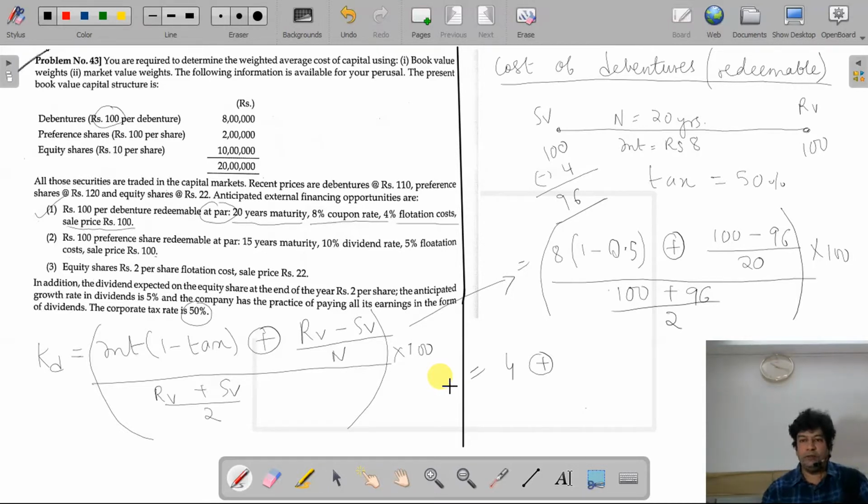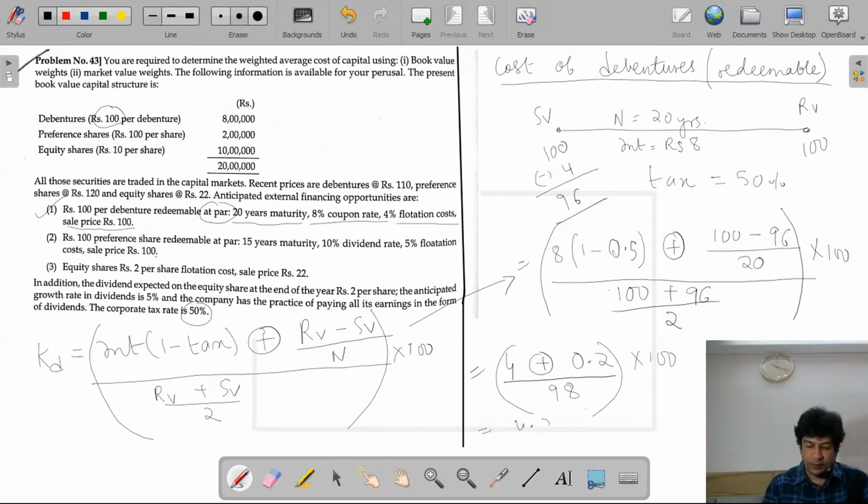So I had paused the video since there was no calculator with me. So 100 minus 96, that is 4, I will divide by 20, so I will be getting 0.2. So this I will be taking as 0.2. Then this I will be solving, that is 196 divided by 2, so I am going to get 98, and this entire thing we are going to multiply by 100.